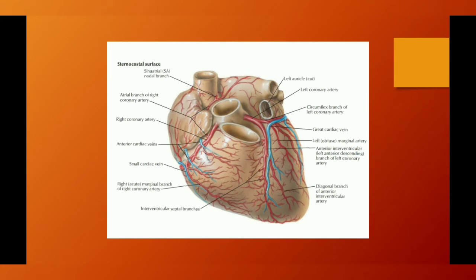The groove present in this surface is called the anterior interventricular groove, and the groove lodges the anterior interventricular branch of the left coronary artery and the great cardiac vein. Left coronary artery and great cardiac vein. Hope it helps you.